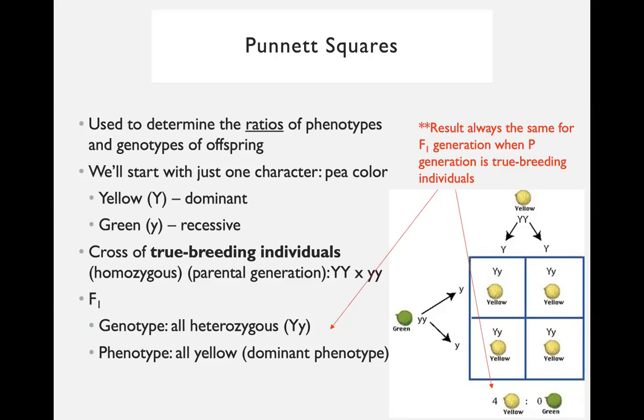And you can see why based on the Punnett square. And then there's a couple others that I'll point out and mention. You definitely want to remember these ratios. So 4 to 0 is going to be your true breeding individuals where you have one dominant, one recessive parent. Okay.